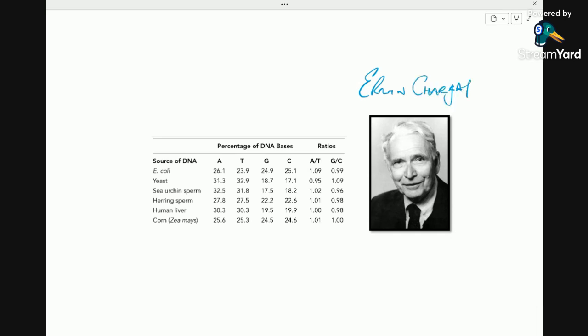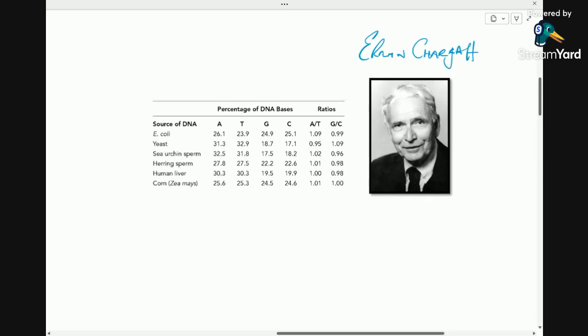All he did was very early on, when people were trying to discover the structure of DNA and the genetic material, he took DNA from different organisms, different domains of life, in fact, and he was able to work out the percentage composition of A's, T's, G's, and C's. Didn't know the structure of DNA at this point, but he was able to work out the relative percentages via various chemical and chromatography techniques.